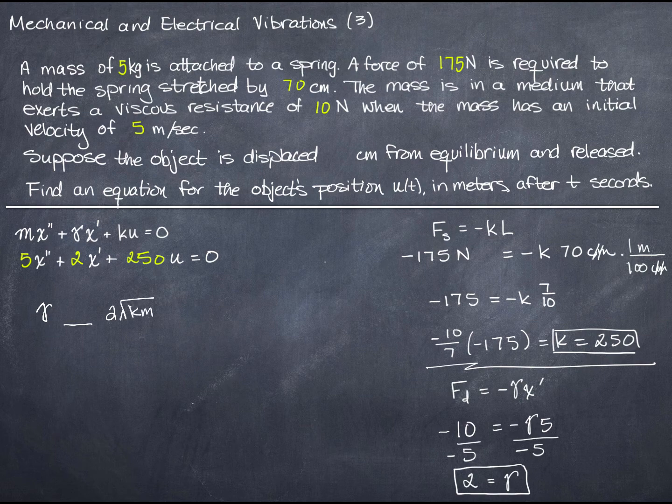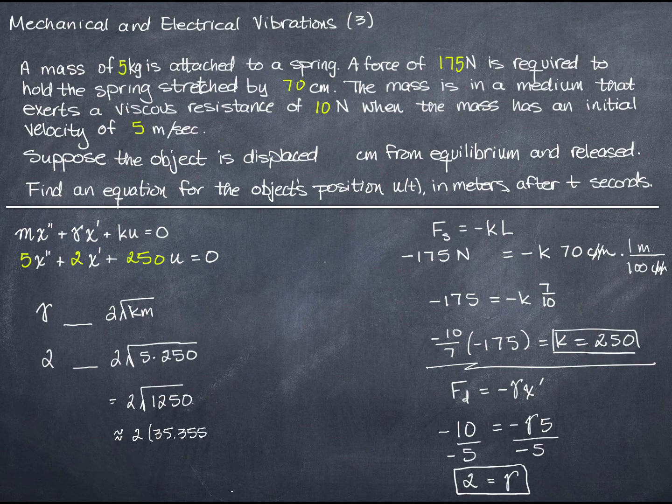Well, gamma in this case is 2, and the square root of km is going to be the square root of 5 times 250, which is 2 times the square root of 1250, and that is about 2 times 35.355. I'll leave it there for now.